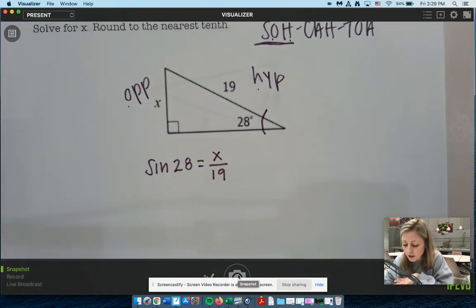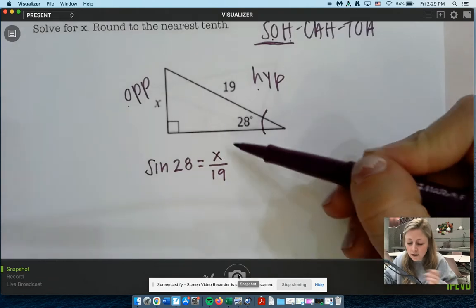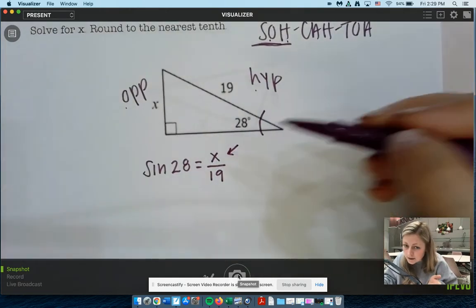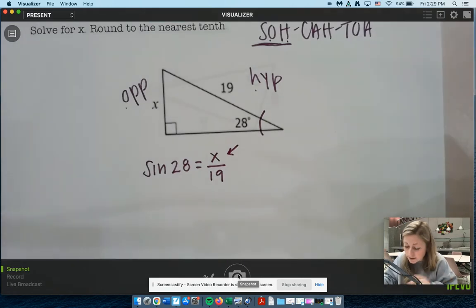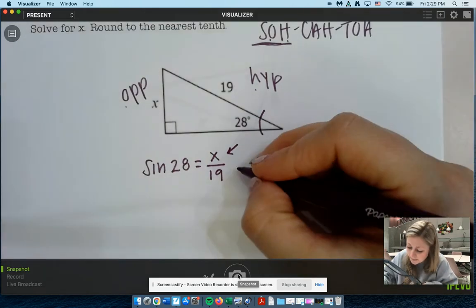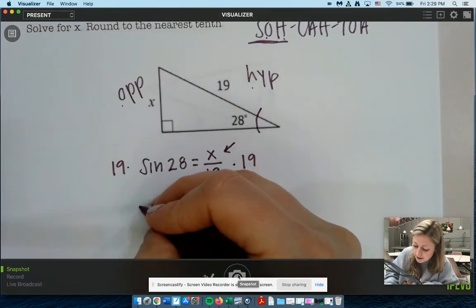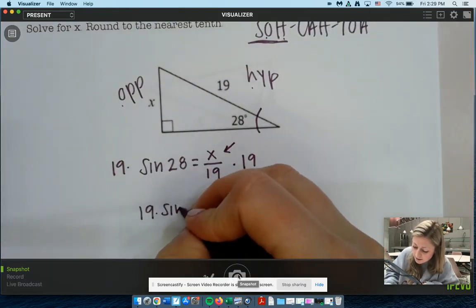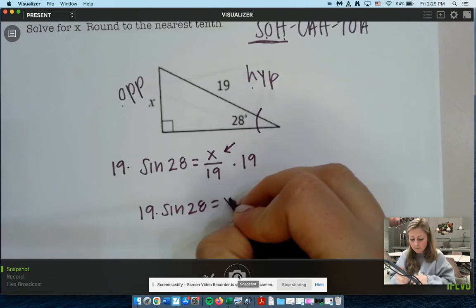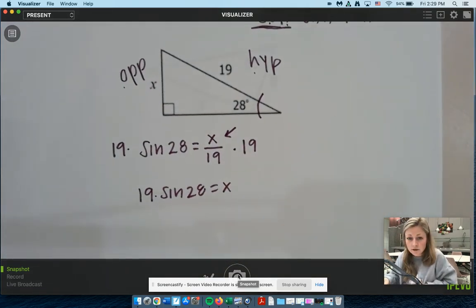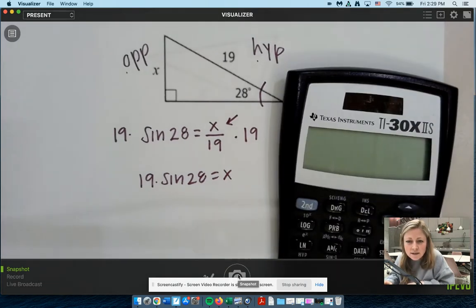Okay, don't freak out. You know how to solve an equation. I want to get x alone. We always want to get our variable all by itself, right? So how do you undo divide by 19? We multiply by 19. So now I have 19 times sine 28 equals x. And now it's kind of fun because it's just calculator work.